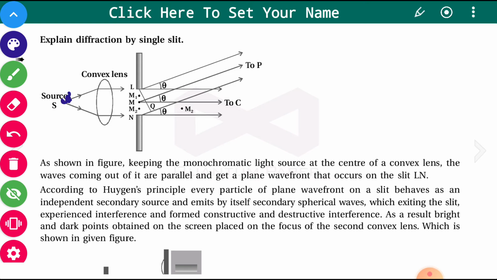The rays which are incident on the convex lens become parallel after refraction, and we get a plane wavefront of the waves coming out from the lens, which falls on the slit LN.